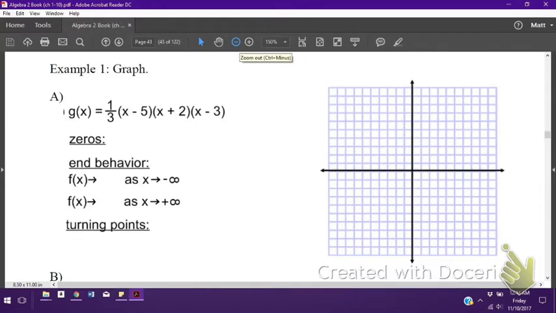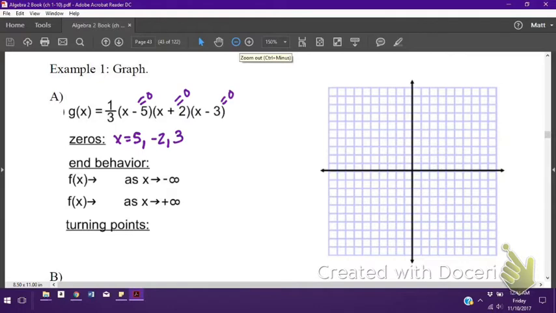So x minus 5 is equal to 0, x plus 2 is equal to 0, and x minus 3 is equal to 0. So I know that my zeros are going to be x equals 5, x equals negative 2, and x equals 3.